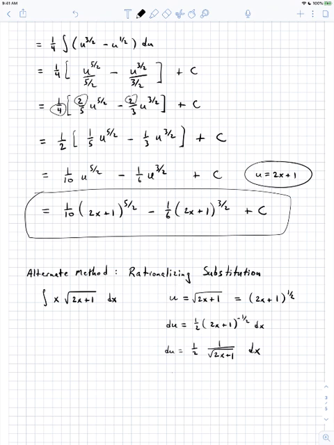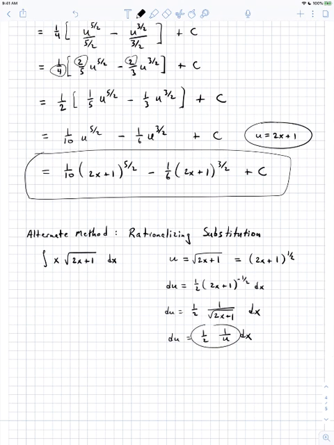So we can rewrite this as du equals 1/2 times 1 over u dx. And I don't see any u's here, of course, but I do have a dx. And here I'm writing dx in terms of u's. Well, let's solve for that dx. Let's multiply by 2u. So you put the 2u over here, du, that's going to give us dx.